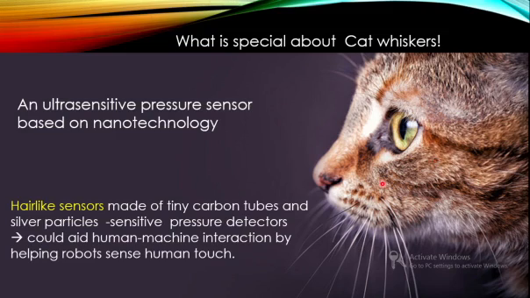These hair-like sensors are made up of tiny carbon tubes and silver particles. So we can construct hair-like sensors using carbon nanotubes and silver particles, and they can act as sensitive pressure detectors.